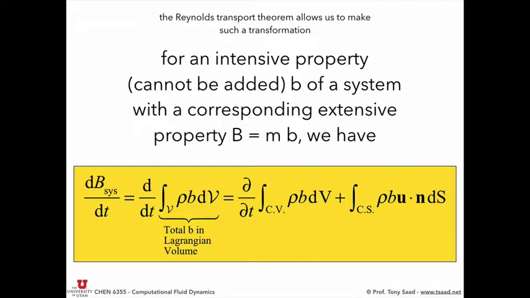This is the Lagrangian volume, and this is the Eulerian control volume. Okay, be any control volume, plus the integral over the control surface, that's the boundary of the control volume, of rho b u dot n dS. Okay, so let's dissect this.